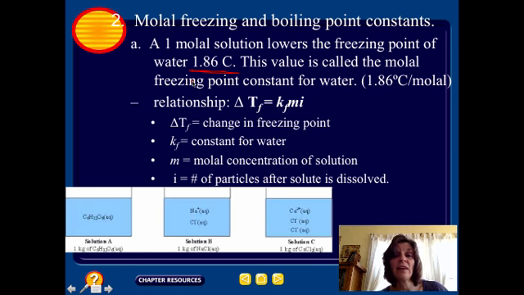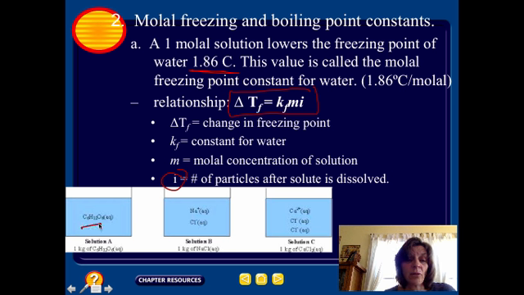Doesn't matter what the solute is, it always lowers it by that much. And the equation is right here. The freezing point depression is dependent on that constant, the freezing constant for water, times its molality, times i. i stands for the number of particles after the solute is dissolved. So that's why it depends on whether it's ionic or covalent.